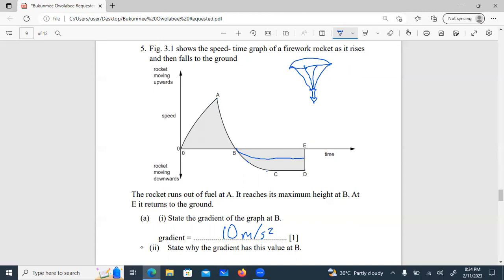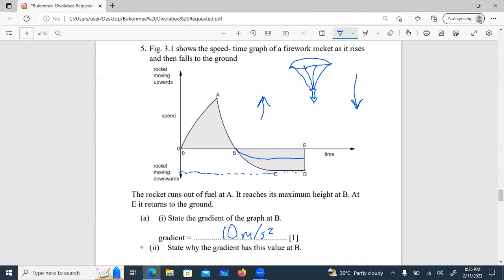Without the parachute, it attains a final velocity of this value, though on the negative axis because it is moving downwards, in the opposite direction from the direction in which it was launched. It was launched upward. That's why the upward movement is plotted upwards, and the downward movement is plotted below the time axis.